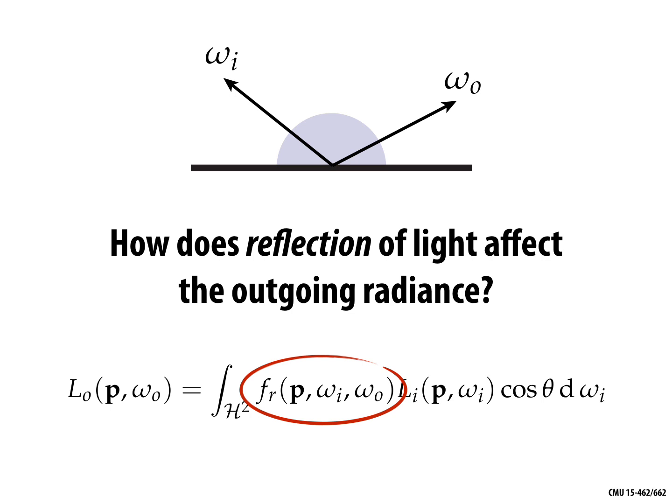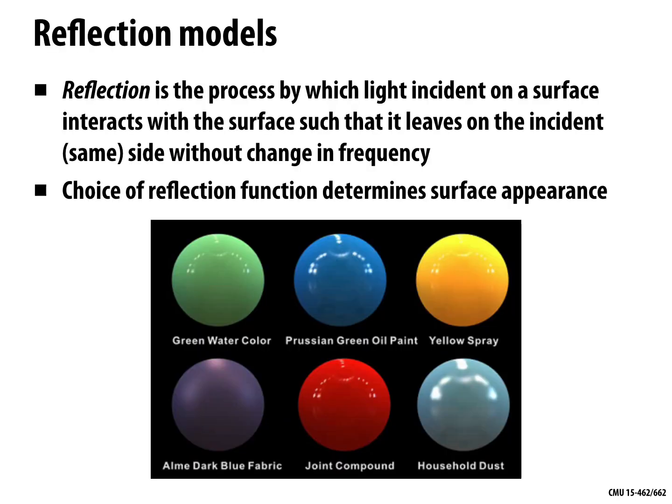So at least in our geometric optics model of light transport, reflection or scattering is the process by which light that's incident on a surface, that's coming in and hitting a surface, interacts with the surface so that it leaves the same side of the surface, meaning it kind of bounces off the surface without changing frequency. It's the most basic thing that can happen to light that comes in and hits a surface. Right? It bounces right off, it stays the same color, nothing funky happens other than it gets reflected.